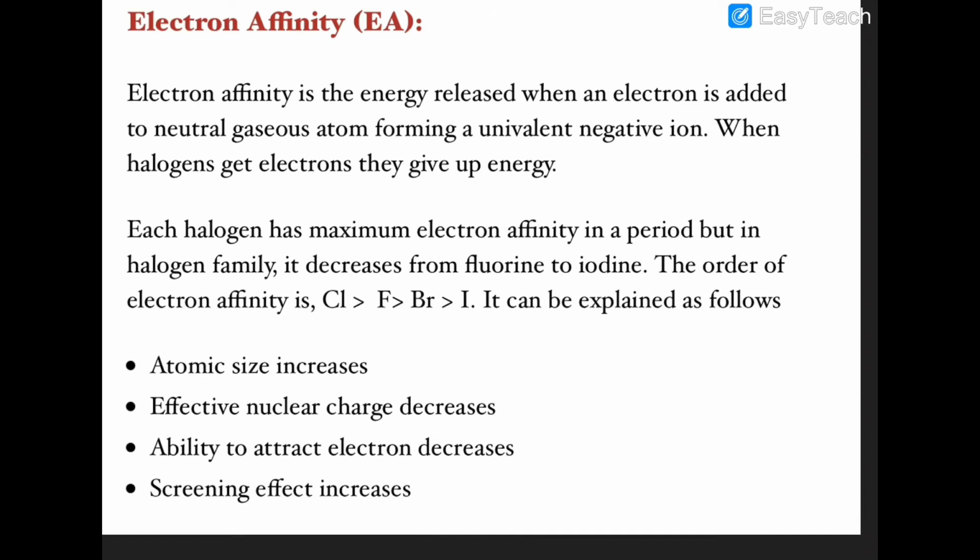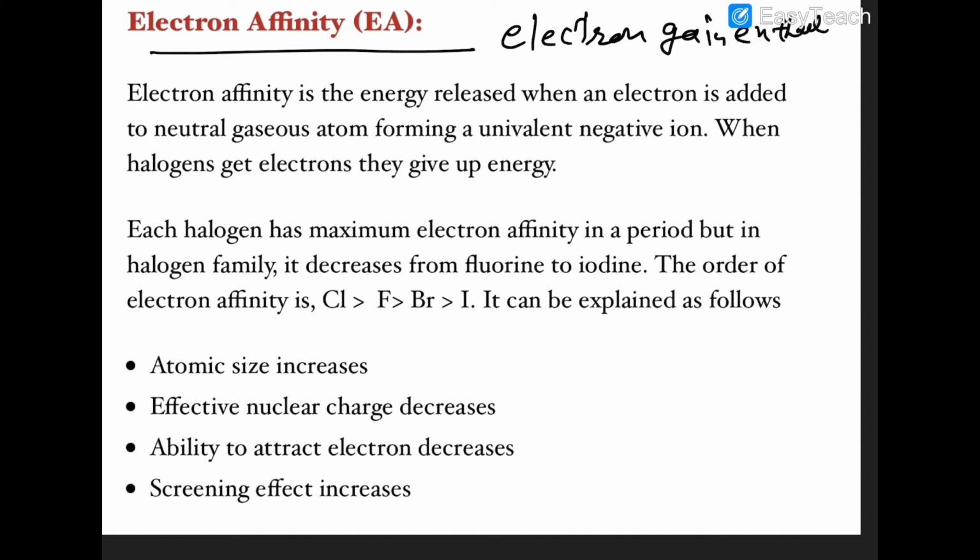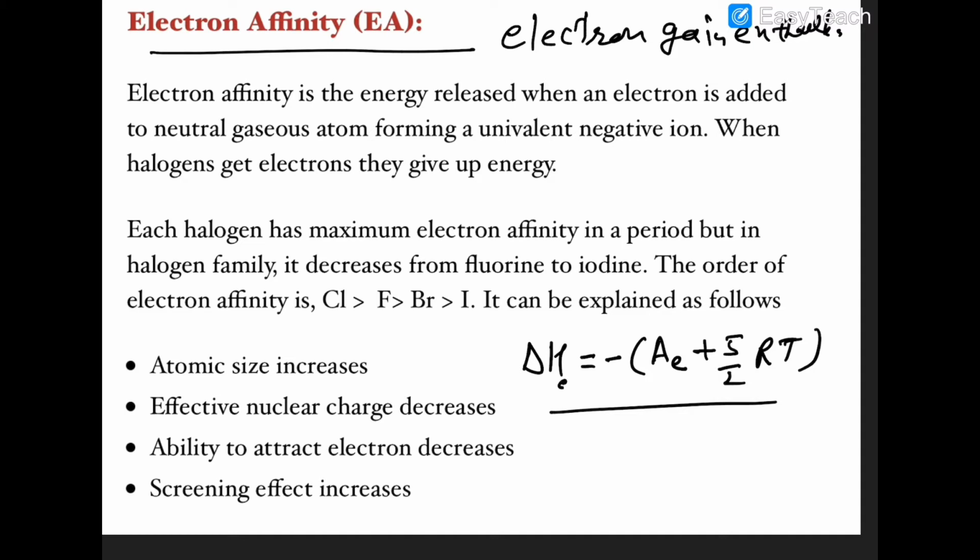Now, what is electron affinity? Electron affinity is also known as electron gain enthalpy. Actually, the electron gain enthalpy is equal to minus of electron affinity plus 5 by 2 RT. So you can say that electron gain enthalpy is the negative of the electron affinity values.